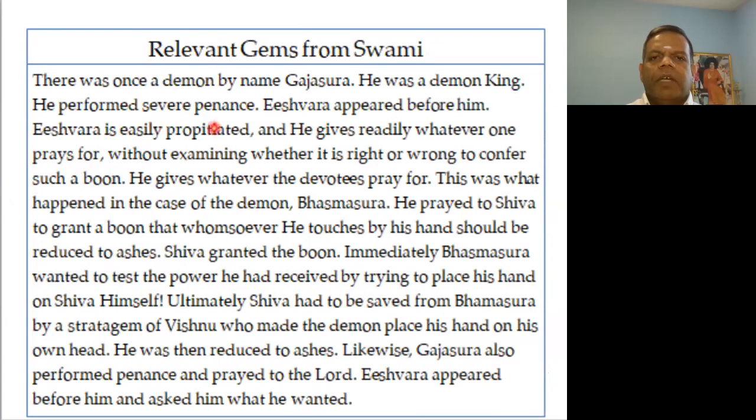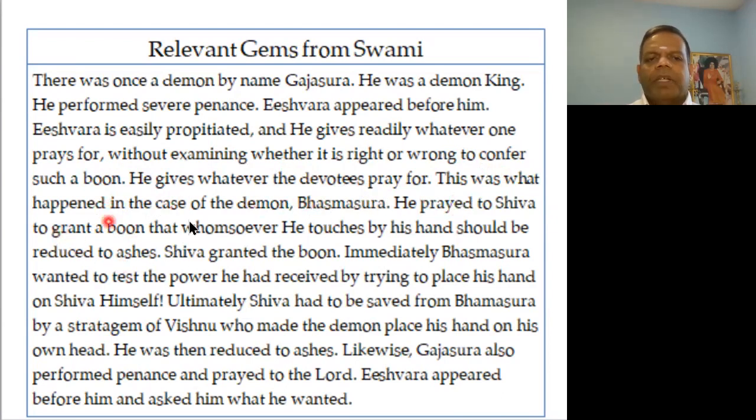He performed severe penance. Ishvara appeared before him. Ishvara is easily propitiated, and he gives readily whatever one prays for, without examining whether it is right or wrong to confer such a boon. He gives whatever the devotees pray for.